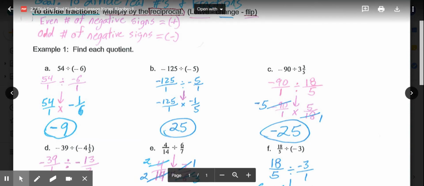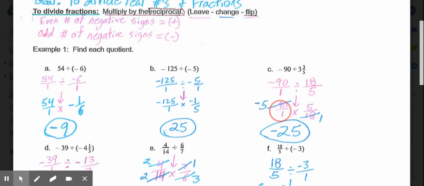Following our rules, we leave the first fraction, negative 90 over 1, change division to multiplication, and flip the second fraction. So then 5 over 18. Now if we're multiplying fractions, we can check to cross simplify.